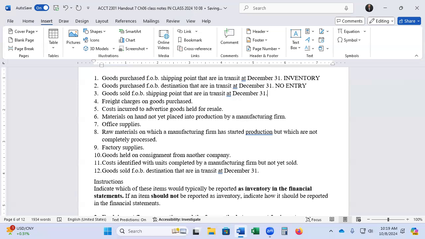Goods sold FOB shipping point that are in transit. So now we sold these goods shipping point. So the day that we shipped them, they became the buyers. And so this does not belong in inventory. This would be cost of goods sold.